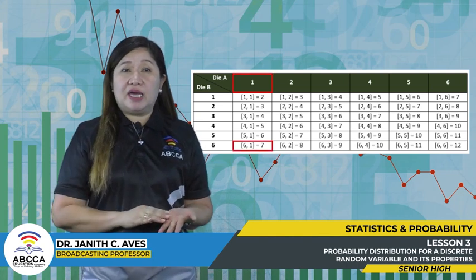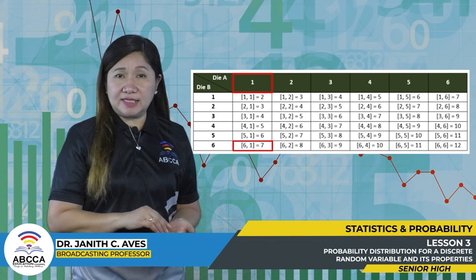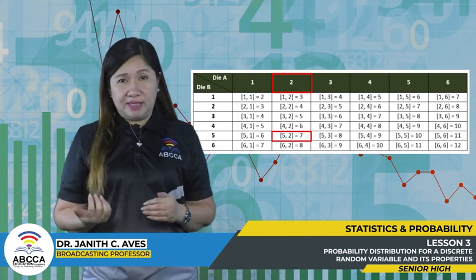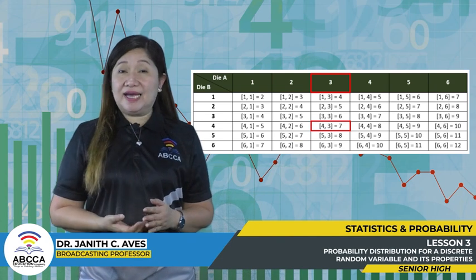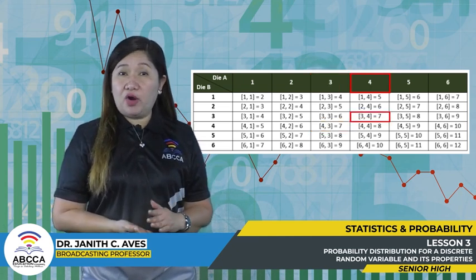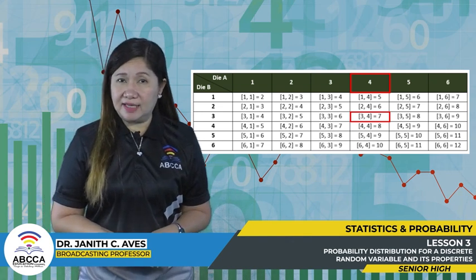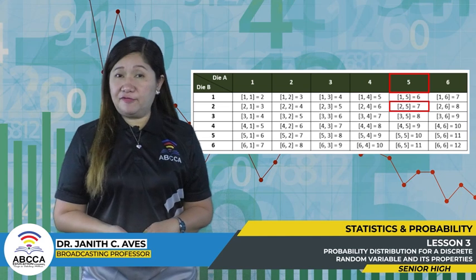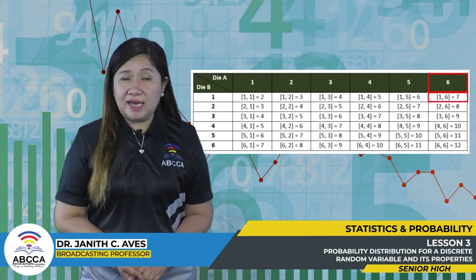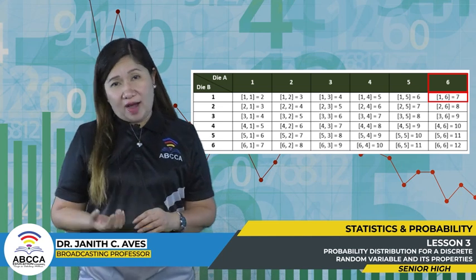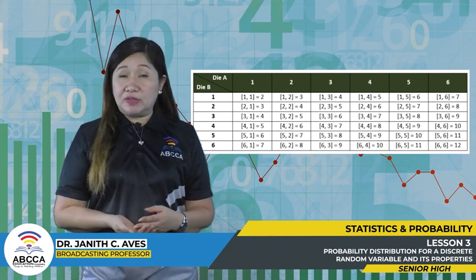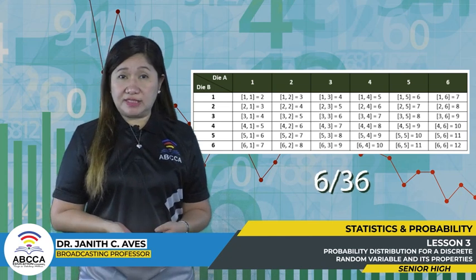So we have a 1 in die A and a 6 in die B, a 2 in die A and a 5 in die B, a 3 in die A and a 4 in die B, a 4 in die A and a 3 in die B, a 5 in die A and 2 in die B, and finally a 6 in die A and a 1 in die B. Our probability, therefore, of getting outcomes with sum of 7 is 6 over 36.